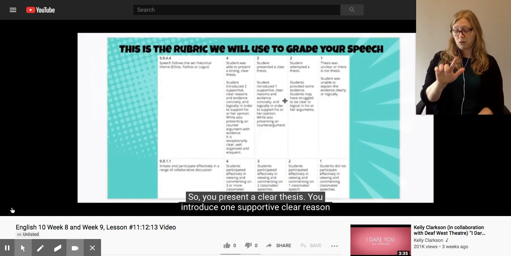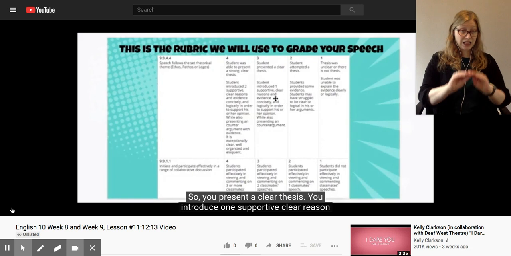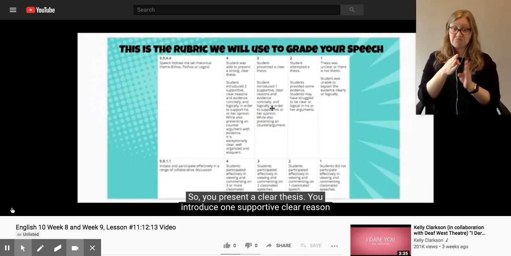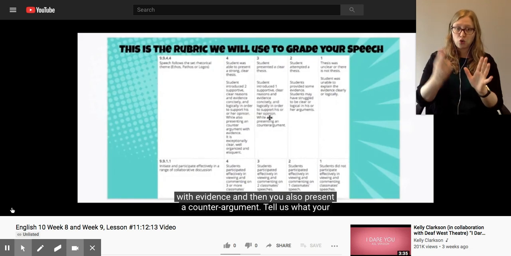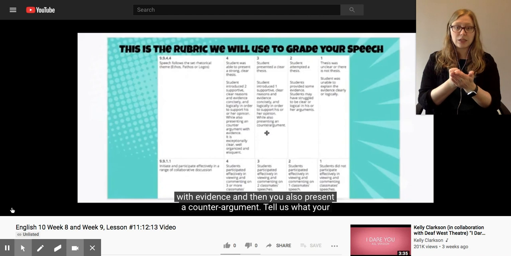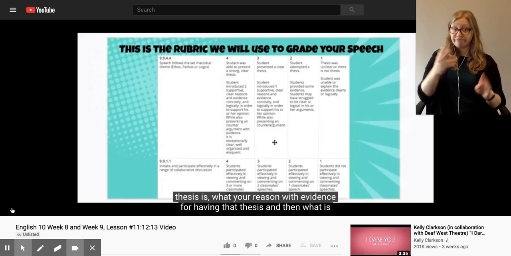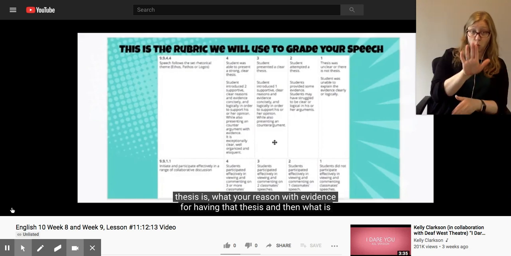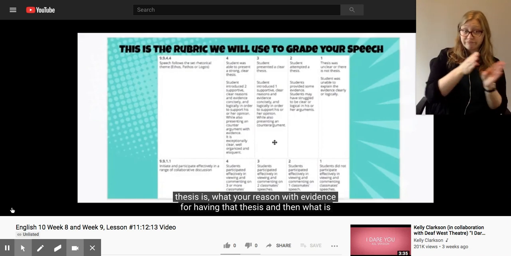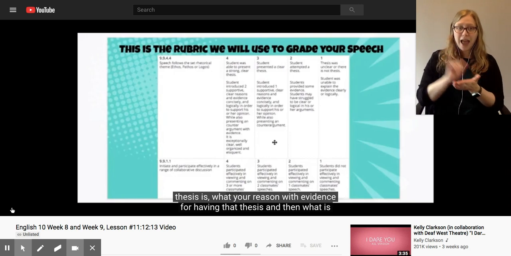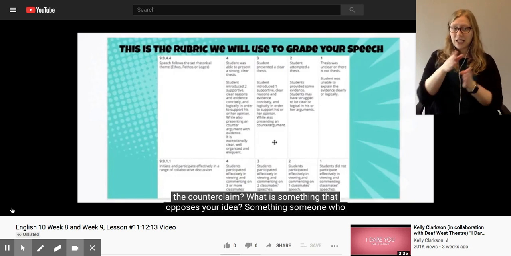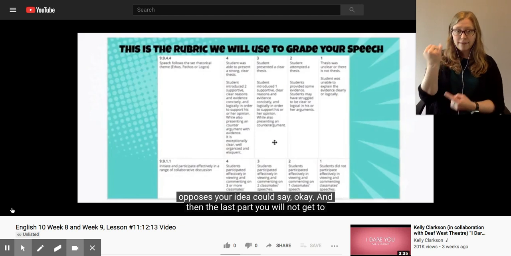So you present a clear thesis, you introduce one supportive, clear reason with evidence, and then you also present a counter argument. That's all we're asking you to do. Tell us what your thesis is, what your reason with evidence for having that thesis, and then what is the counterclaim? What is something that opposes your idea? Something someone who opposes your idea could say.